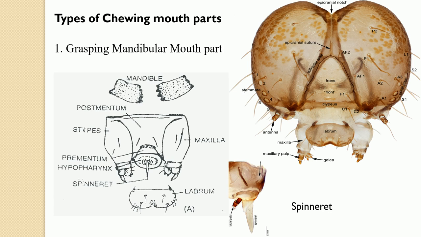Means whatever composite structure or complex which is formed due to the fusion of maxillae, labium and hypopharynx is collectively referred to as the maxillolabial hypopharyngeal complex.